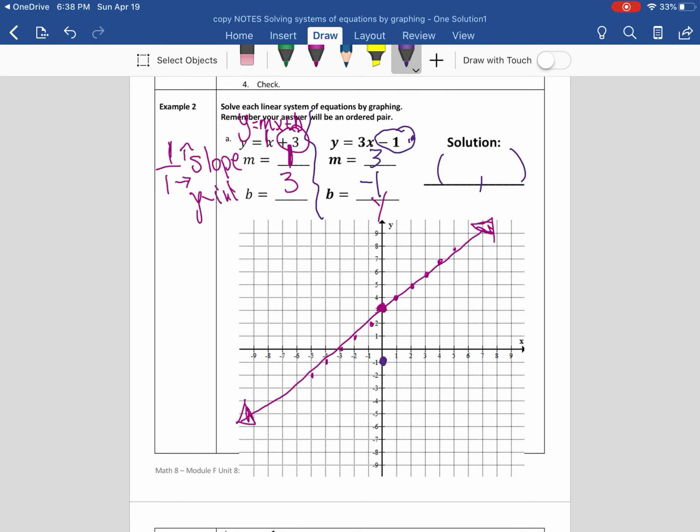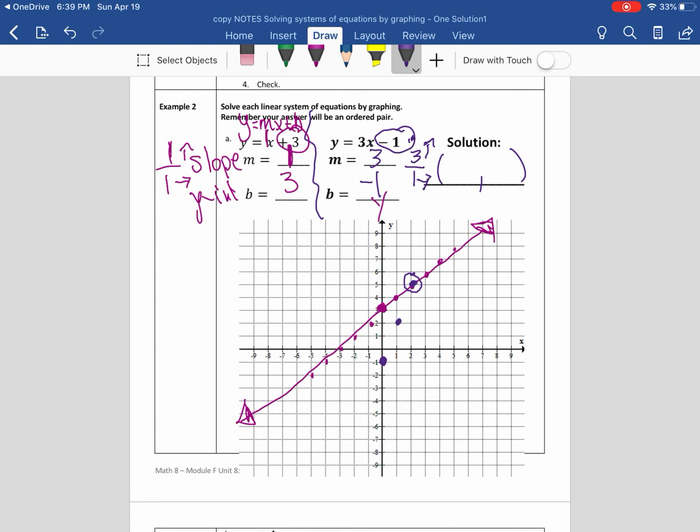Now I can do my pattern since I've got my dot on the y-axis. My slope is a 3, which is the same as 3 over 1. So I'm going to go right 1, positive is up, up 3. So from here I'm going to go right 1, up 3. 1, 2, 3. Put a point. Right 1, up 3. 1, 2, 3.